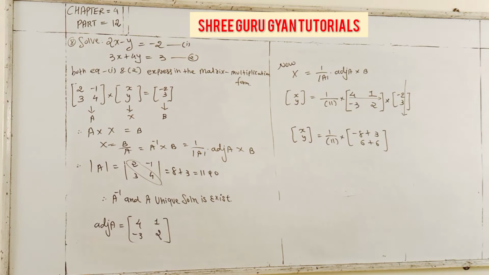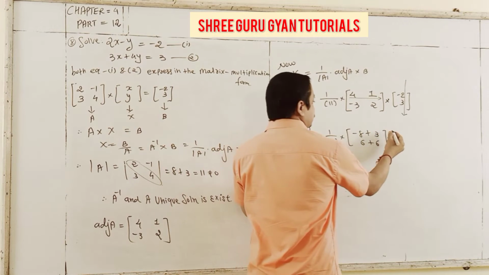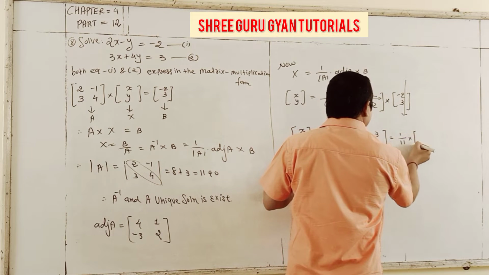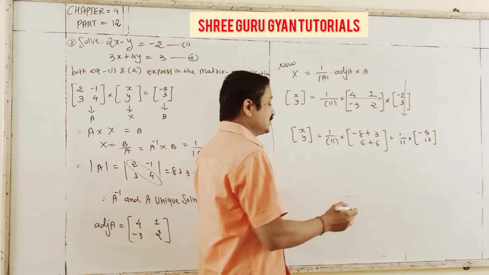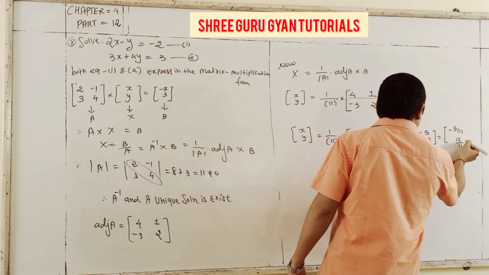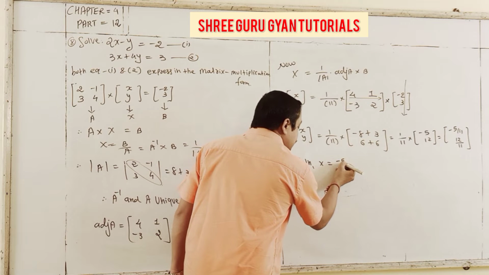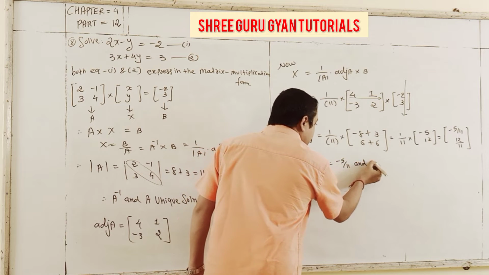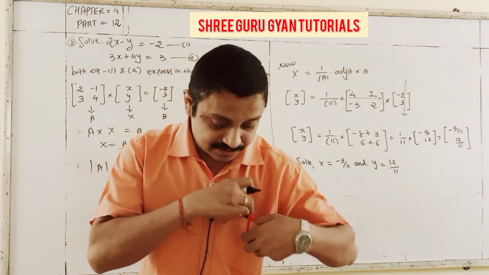After all we get 1 by 11, here minus 5 and here 12, so finally you get your answer minus 5 by 11, 12 by 11. So your solution is finally done. X becomes minus 5 by 11 and y becomes 12 by 11. That's your simple answer.